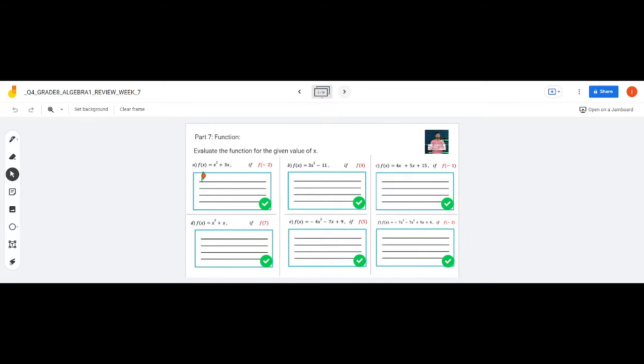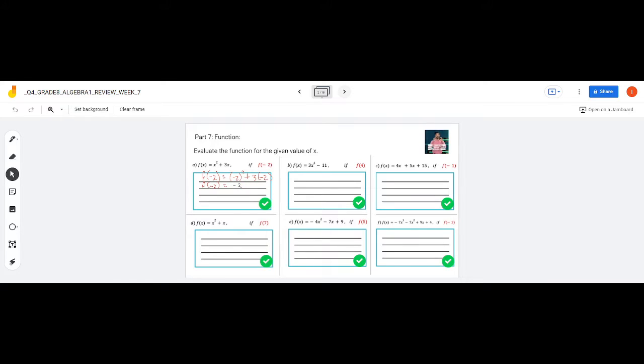So basically I have f of -2, open the bracket, and that's equal to, open the bracket, -2 square plus 3, open the bracket, -2, and f of -2 is equal to, now you can put that in your calculator and you should get an answer of -2.